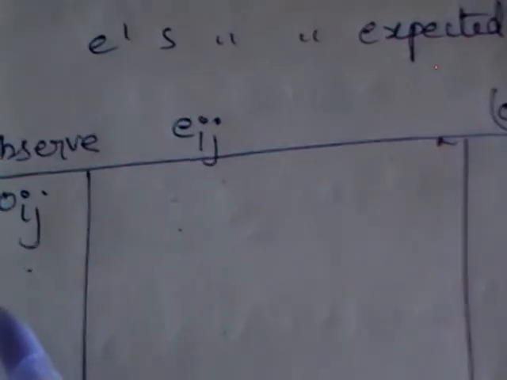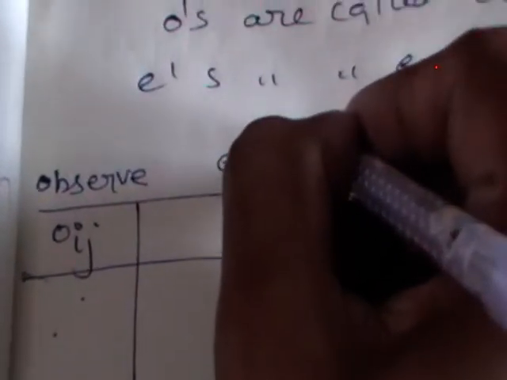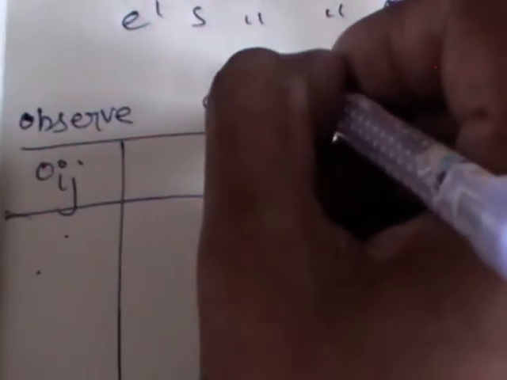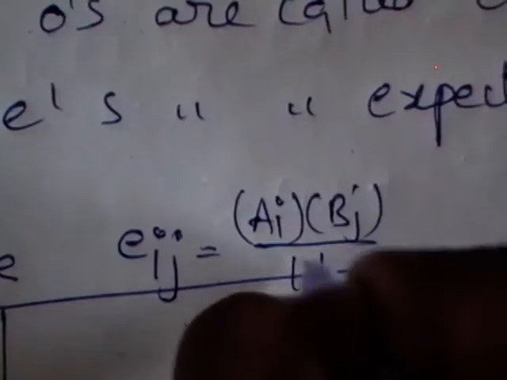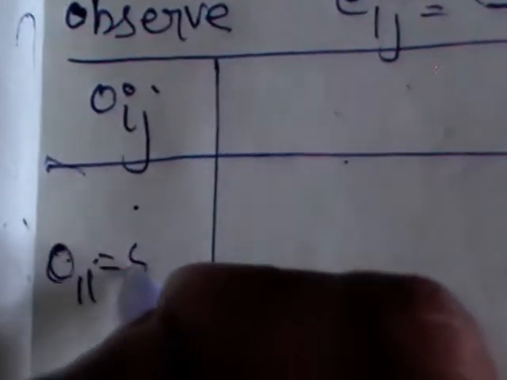After that, the chi-square formula is Oij minus Eij whole square by Eij. Now let us write the corresponding frequencies here. The formula for Eij is nothing but Ai into Bj by n. So given frequencies means first cell 50. O11 is the first one, which is nothing but 50.